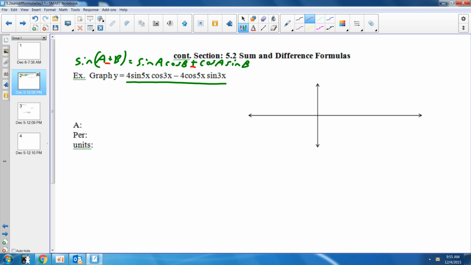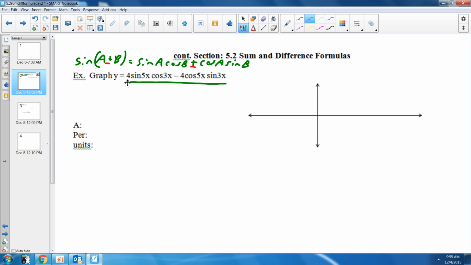Sine of A minus B equals sine A cosine B minus cosine A sine B. You can write them both in one step if you want to.